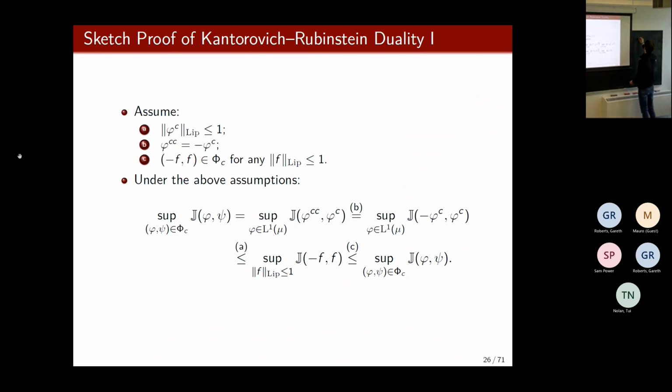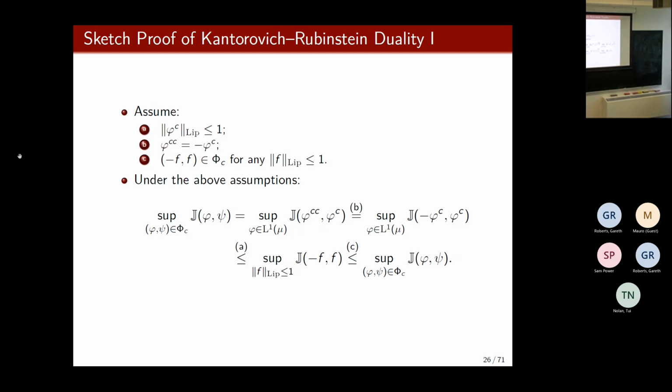So I just have J of f equals the integral of minus f d mu plus the integral of f d nu. So I guess this then is the integral of f with respect to nu minus mu, which, up to a minus sign, is what I wrote in the statement of the theorem.